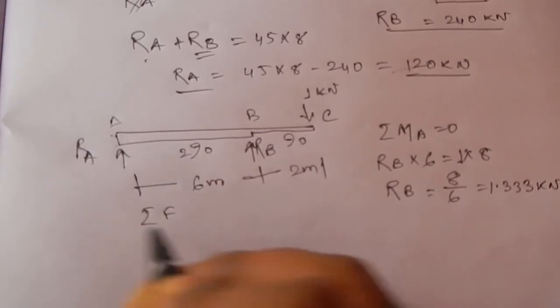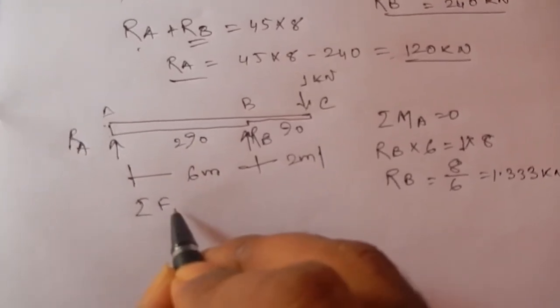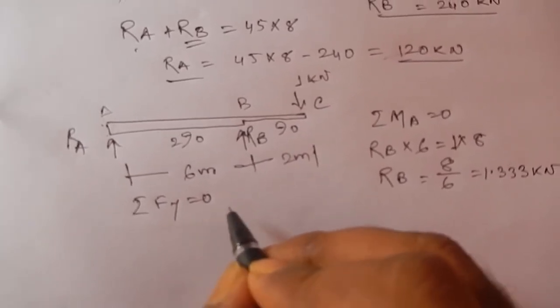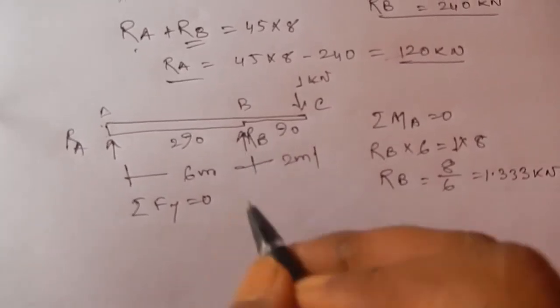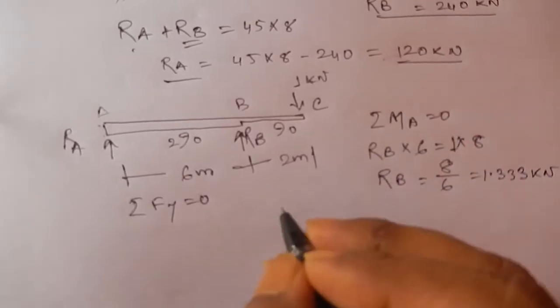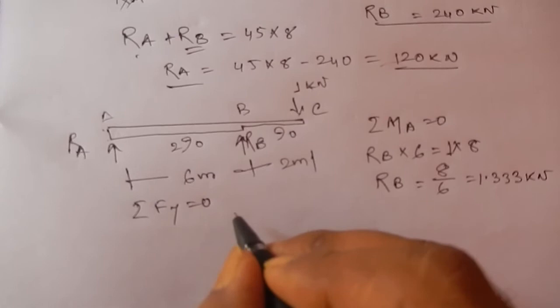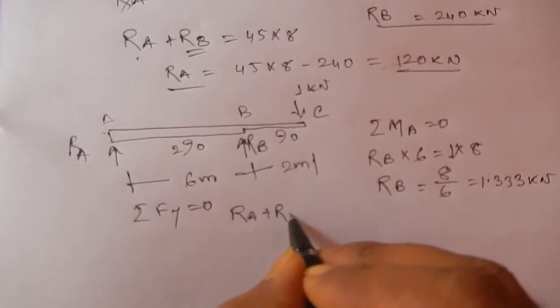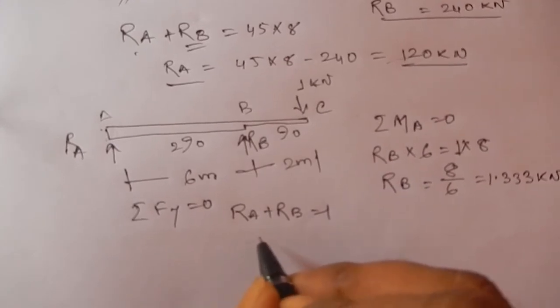We know that summation of Fx equals to 0 is not required right now, so summation of Fy equals to 0. If we do this, summation of all the forces in vertical direction is equal to 0, so we can find out that RA plus RB is equal to 1.